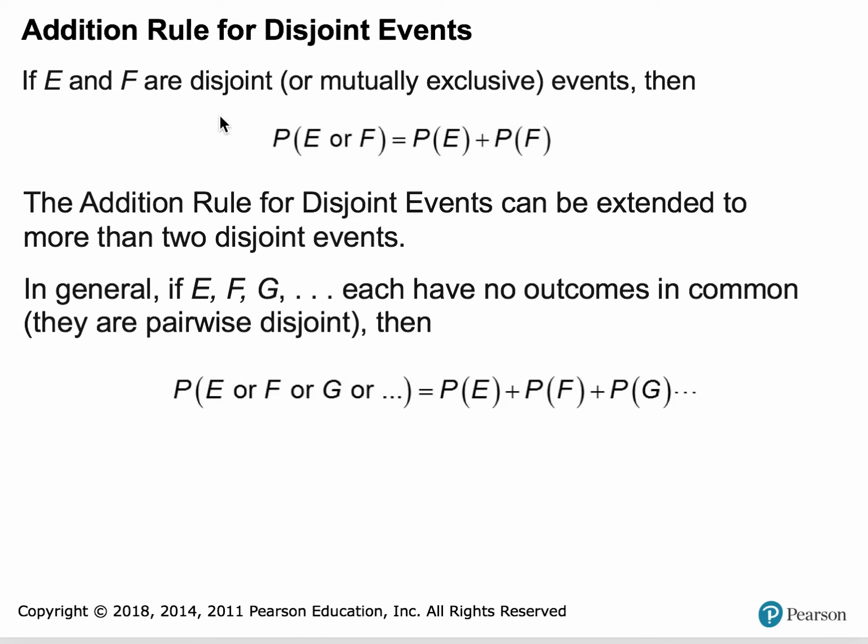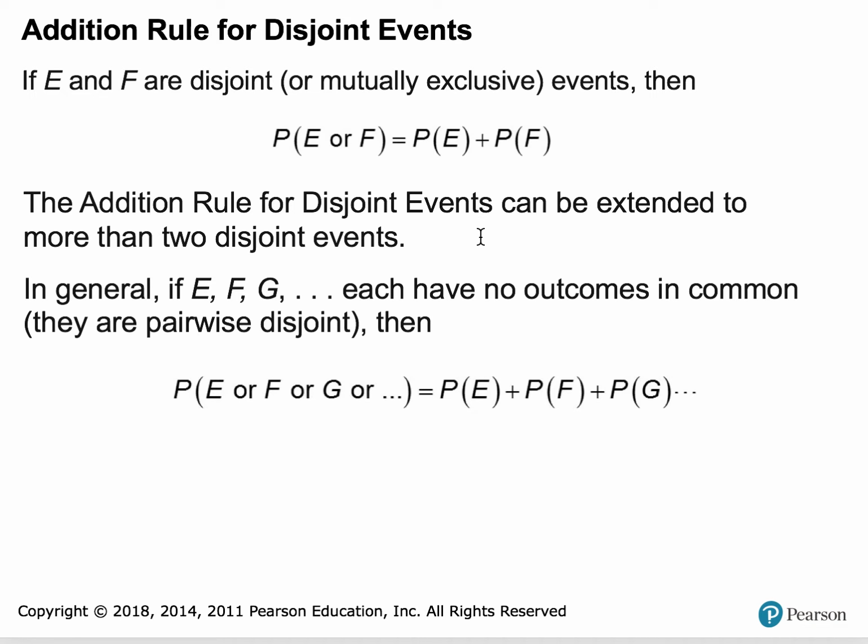If you're drawing a card, you can't get a king and a queen on the same card. Those events are mutually exclusive. But you can get a club and a king. So clubs, kings, not mutually exclusive. Okay, but if they are mutually exclusive, then here's the probability, right? That's our formula for the probability rule.